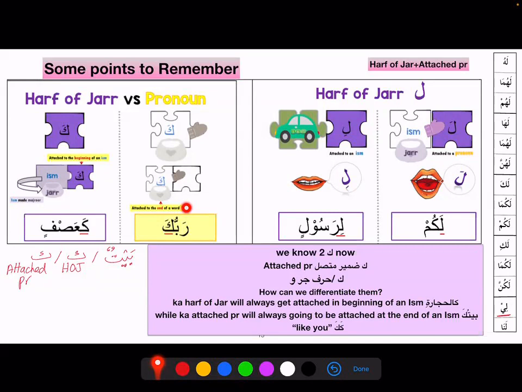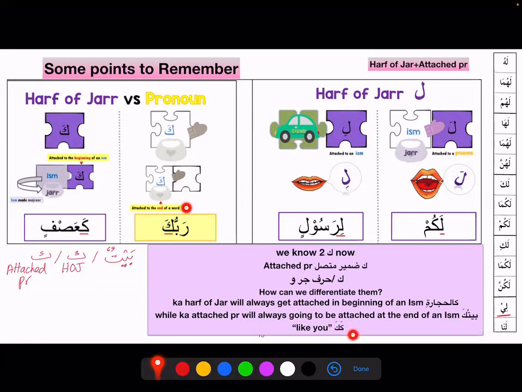So now she was asking, what if these two want to get together, these two kafs, like kaka? If we are Urdu speakers, we know what kaka means, right? Kaka is a small baby in Urdu. So she said, how are we going to translate, or is it possible to have these two kafs together, kaka?